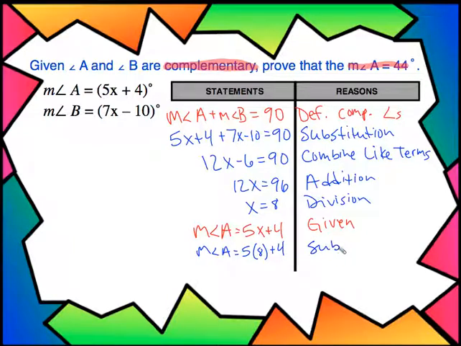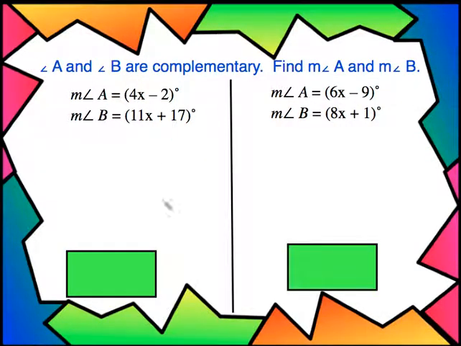That's substitution. And then once you solve that, you get 44. And remember, when you just do math on one side, it's arithmetic.